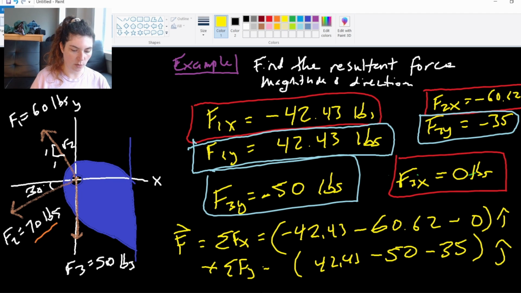So we add all of those together and we'll get our resultant force in Cartesian form.